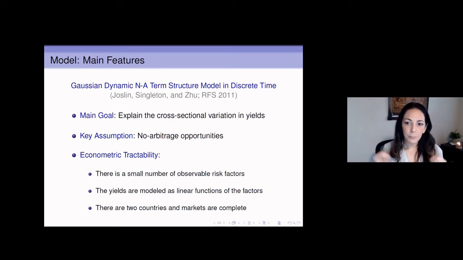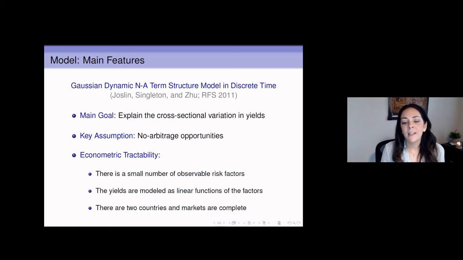Now I'm going to be pushing this model further to ask not only to explain the cross-sectional variation of yields in two different countries, but also to explain the exchange rate movements between them. The key assumption of these models, which is very standard in the finance literature, is that there are no arbitrage opportunities in each country's bond markets.